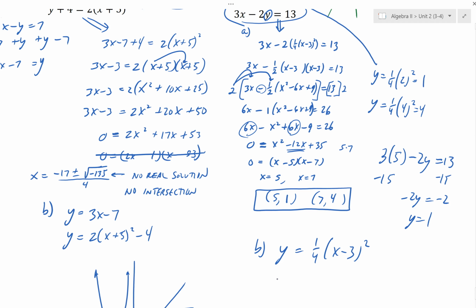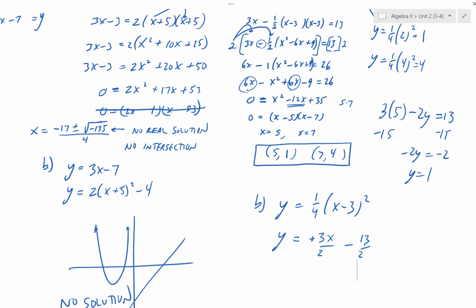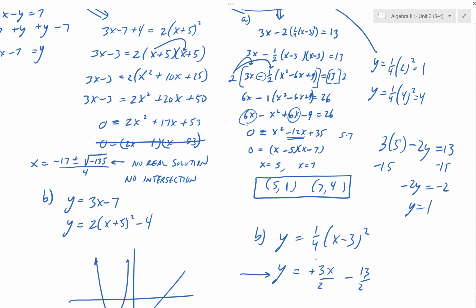So that's going to be y equals, actually positive 3x over 2, minus 13 halves. Okay, talk in your groups to see if you agree with the second equation. How did I get that? And do you agree with it? And then if you do agree with it, go ahead and graph them both on your graphing calculator and see if you see the intersections.